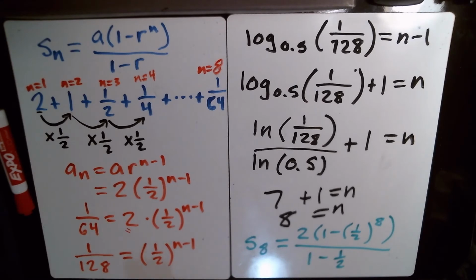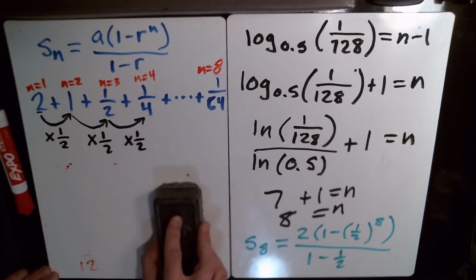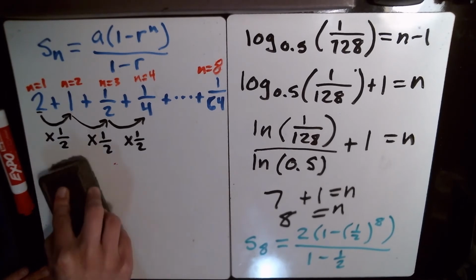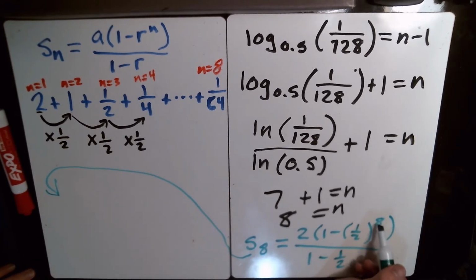Let's do this. I'm going to erase my work right here and just finish this off. So for this 1/2 to the 8th power, when I do 2 to the 8th power, I get 256. 1 to the 8th power is just 1.